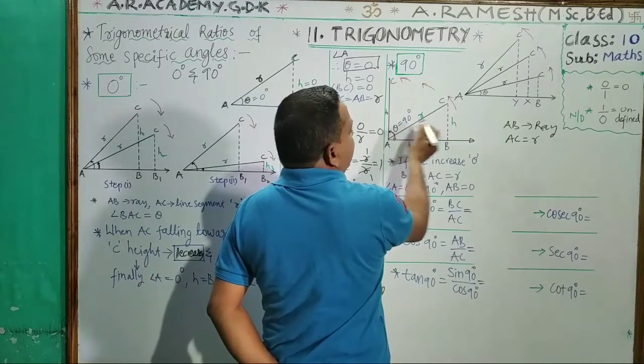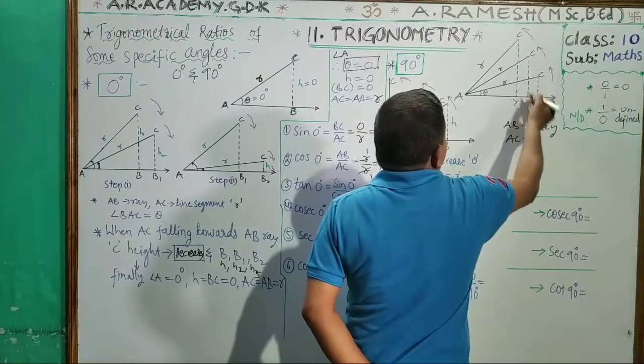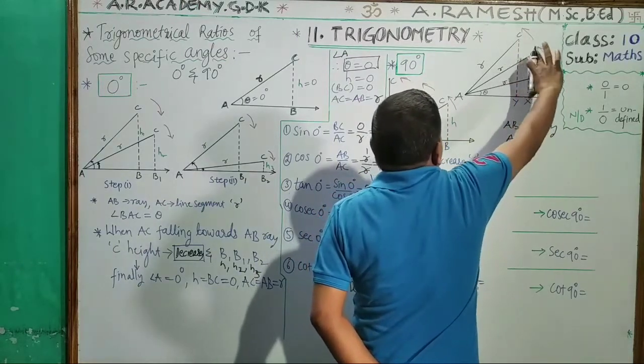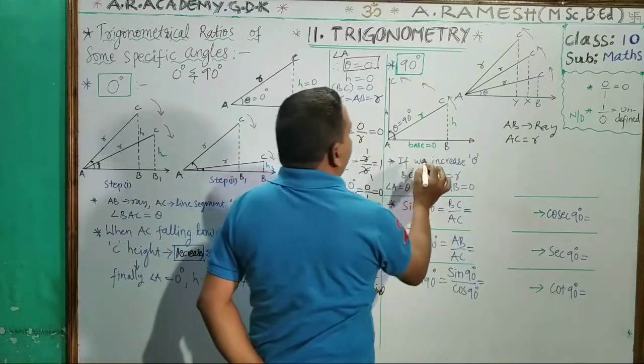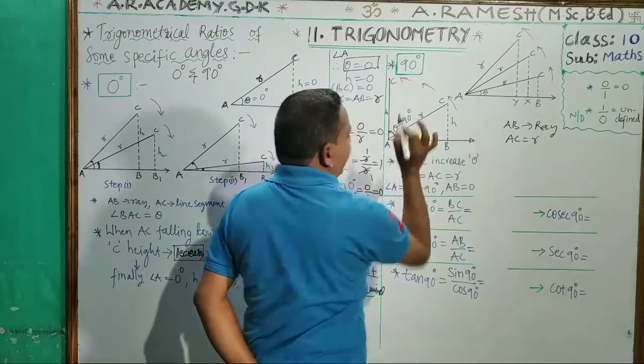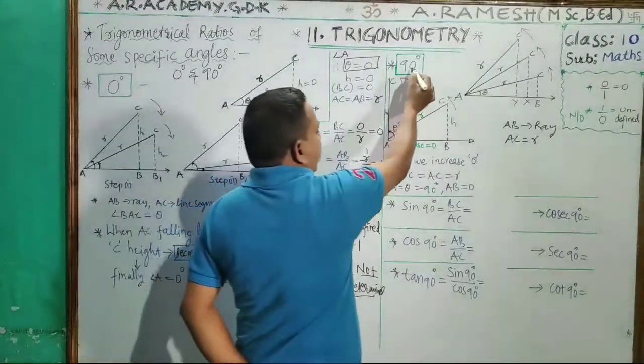Then this height gradually increases, like CB, CX, CY, and theta is becoming 90 degrees. We need 90 degrees only.